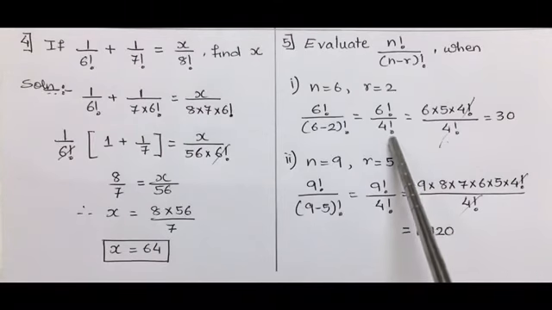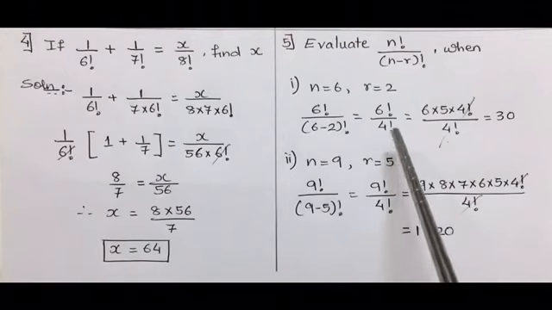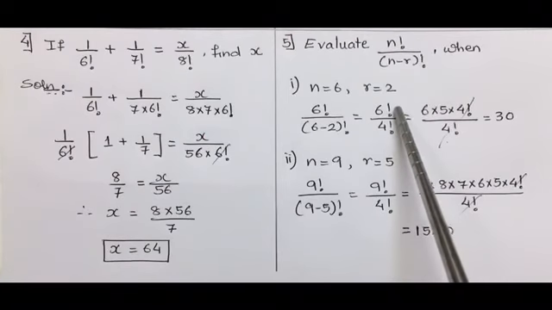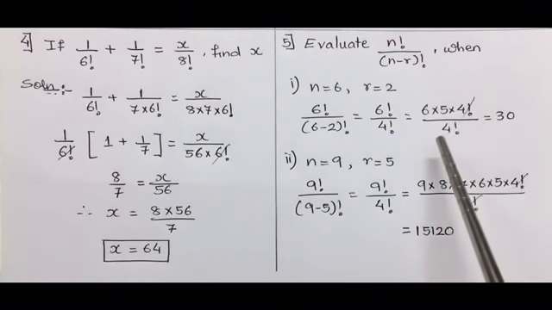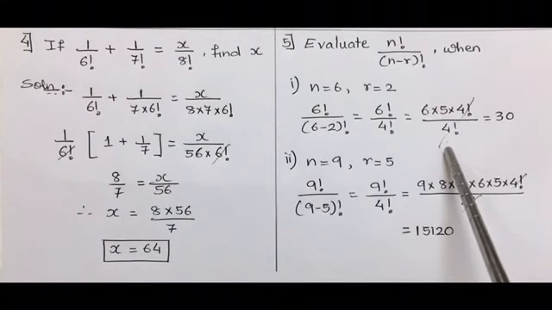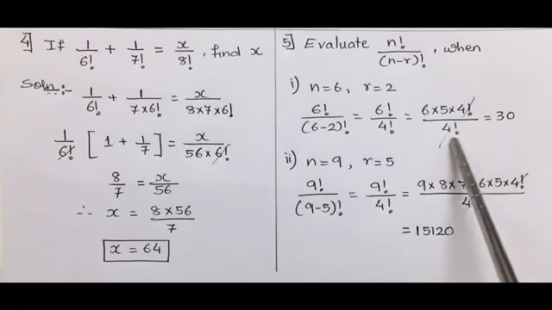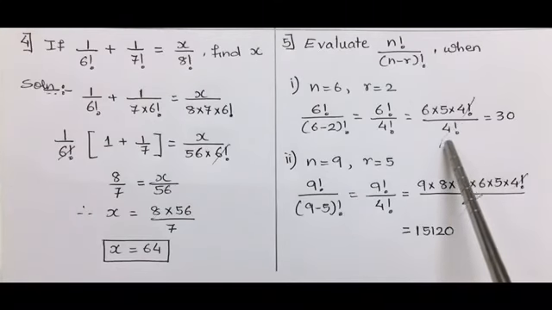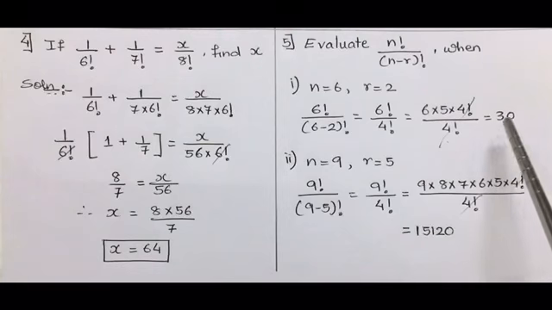Now out of 6 and 4, 6 is more and 4 is less. So the one which is more is expressed as reducing factorial as 6 into 5 into 4 factorial, divided by 4 factorial. Factorial and factorial, that is 4 factorial, gets cancelled. 6 into 5 gives the answer as 30.